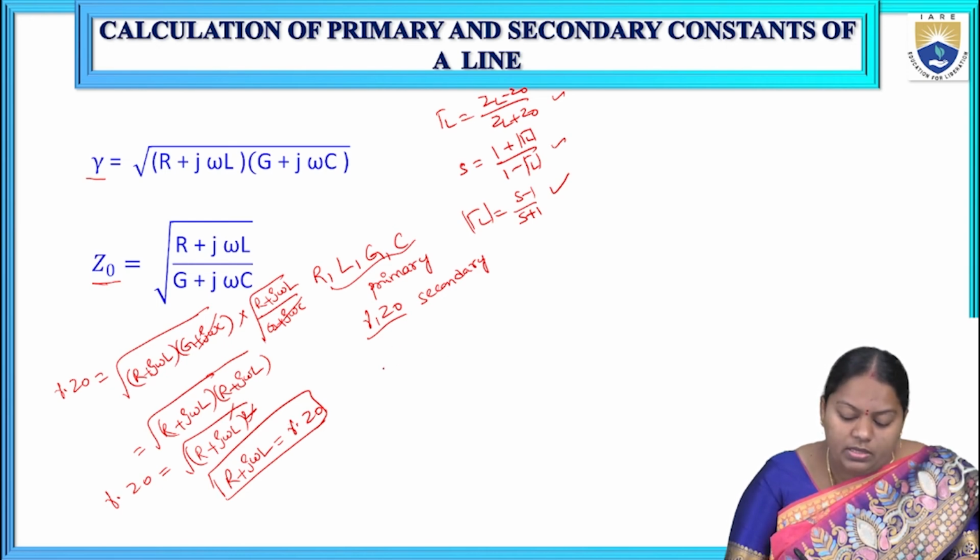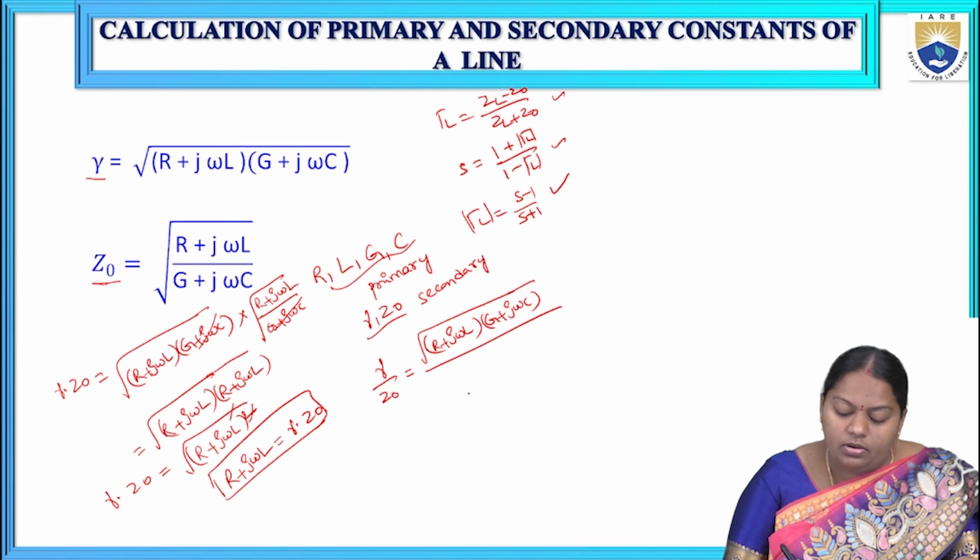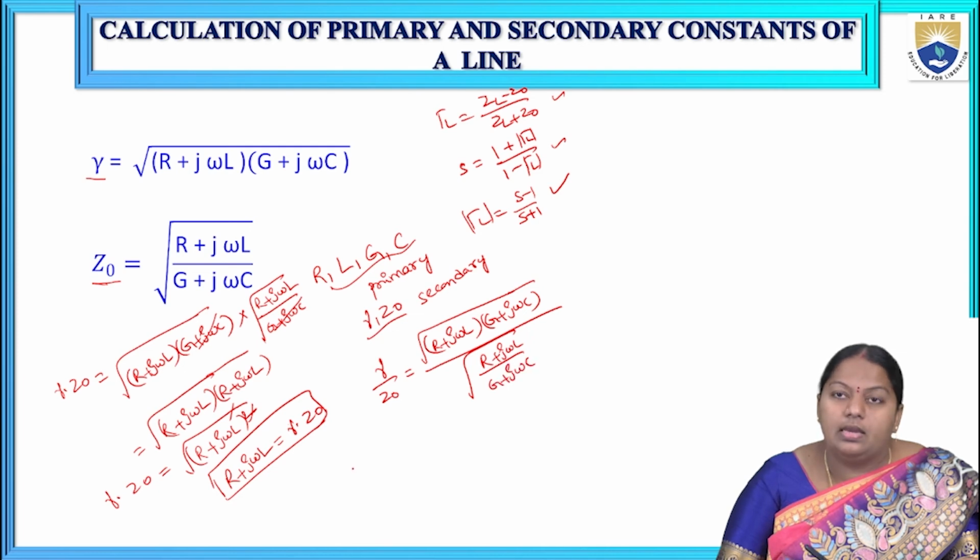Okay. Now one more relation. Multiplying these two, we have obtained R plus j omega L equal to gamma into Z0. Now if you want to divide these two, gamma by Z0. Now what is the gamma here? Root over (R plus j omega L) into (G plus j omega C), divided by Z0, root over (R plus j omega L) by (G plus j omega C).